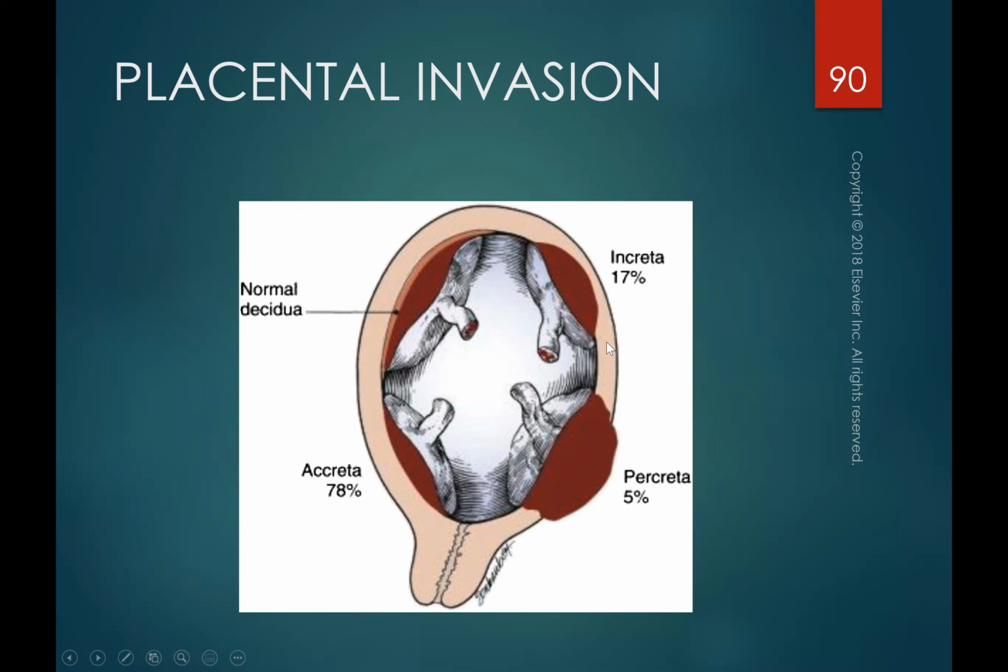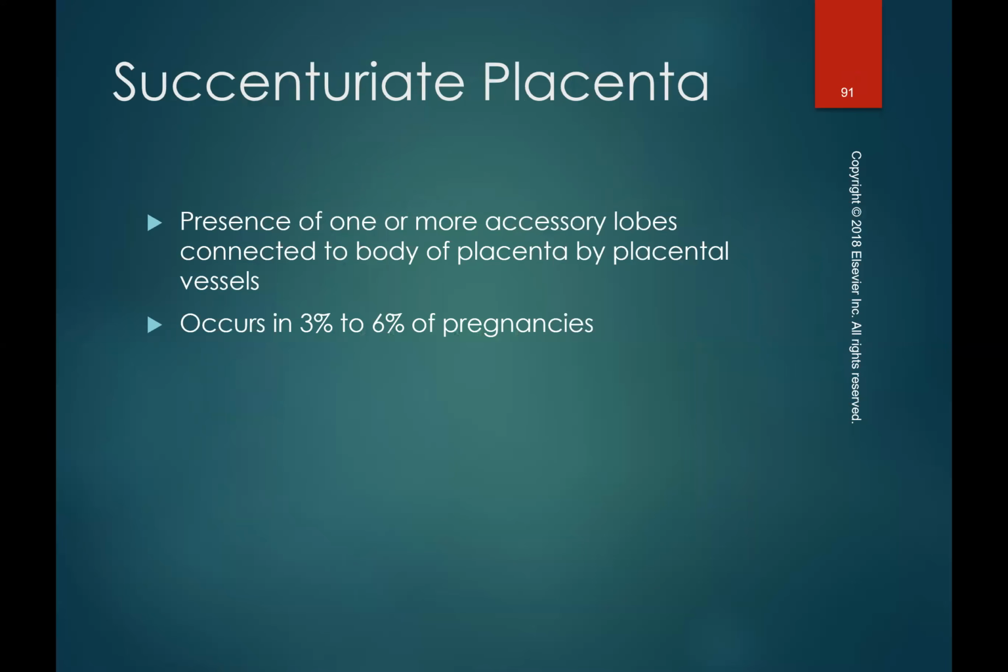Sometimes if these other forms occur, the mom will have a hysterectomy after the baby is born. So usually you have that nice decidua, the basal plate that's separating the placenta from the uterus, and in an accreta, that part is gone. In an increta, it continues to grow within the myometrium, and the percreta, which is the least common, it grows past the uterus.